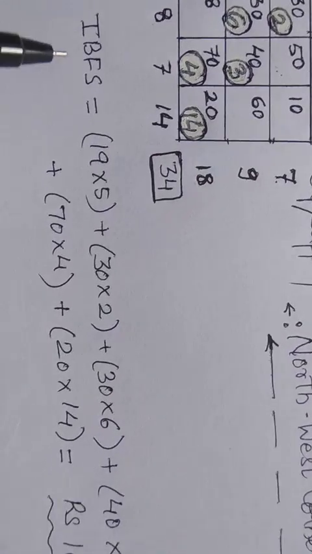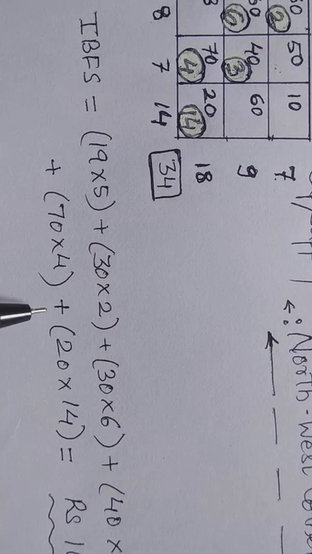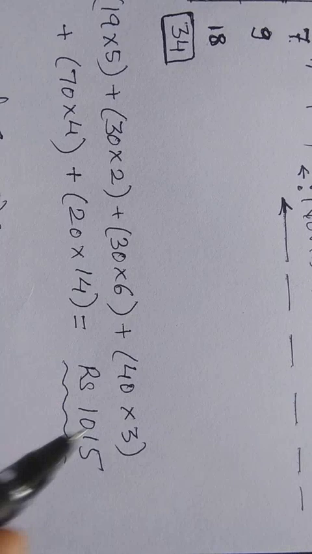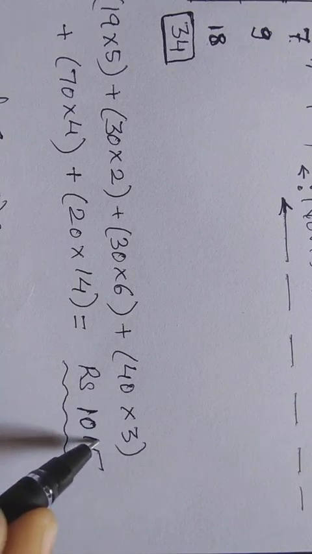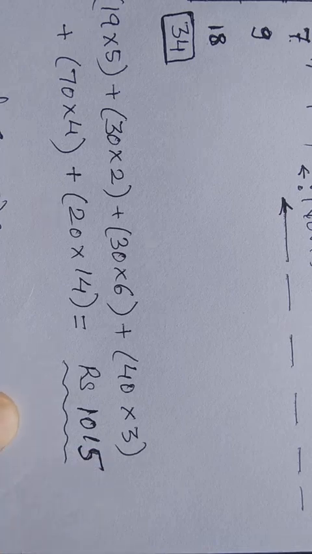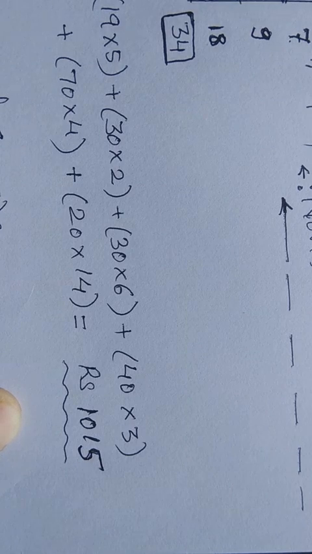So the initial basic feasible solution is equal to rupees 1015. This is the initial basic transportation cost. But whether this is optimum or not, we will see later using the Modi method. This is the first step by the northwest corner method.